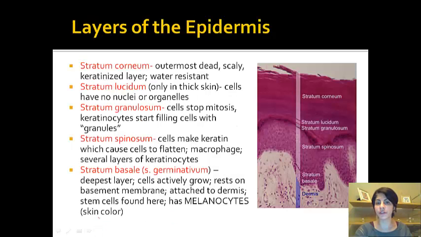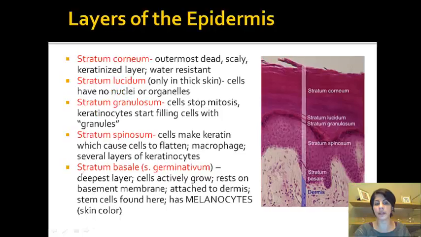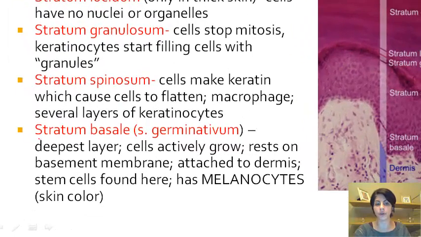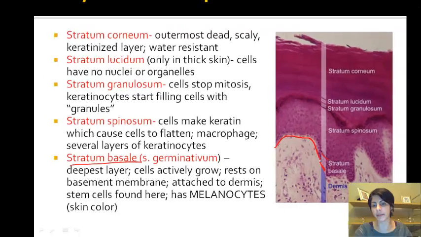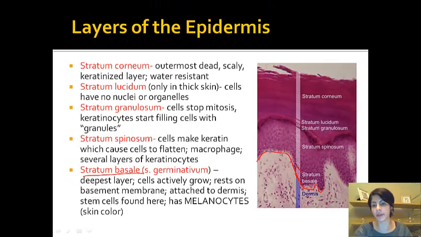Here are the 5 layers of the epidermis. We'll be starting with the deepest layer, so the stratum basal. This is also known as the stratum germinativum, right here. If you take a second again to look at where the basement membrane occurs, the basement membrane separates the dermis and the epidermis from each other.